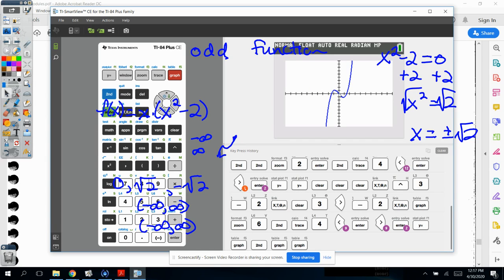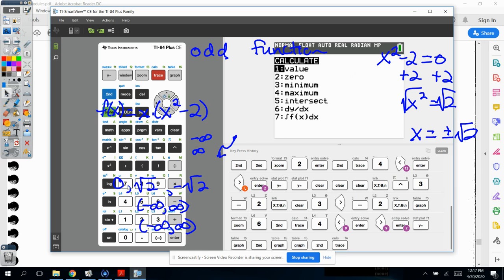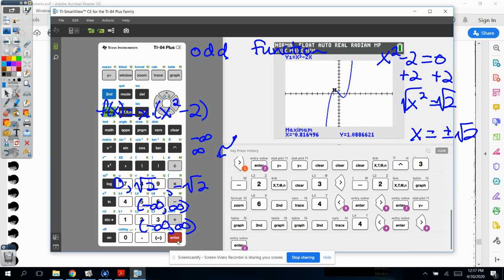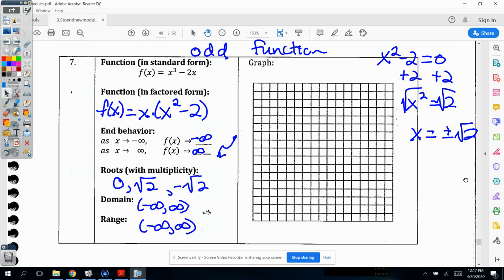It would be nice to know these two maximum points just for your sketch. Second, calculate max number 4. Enter, enter. We did this a few times already. Okay, so it's like -0.8 up a little bit past 1. That's just for the sketch. So if you change both those signs, it would be there as well. And that would be enough for you to graph it.